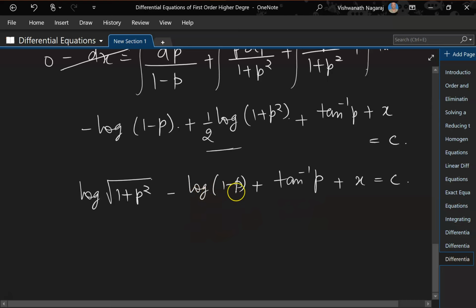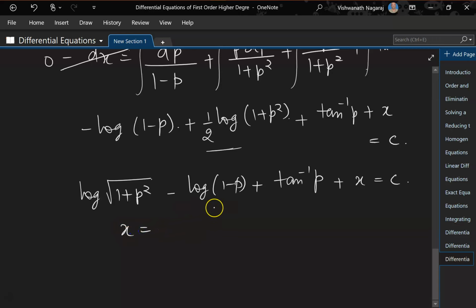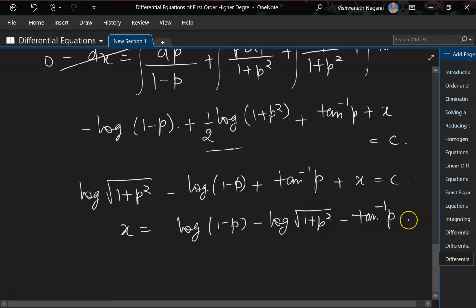We can't really eliminate p. So what we'll do is we'll put it in terms of x itself. So x is equal to, and let's take all these to the other side, log of 1 minus p minus log of square root of 1 plus p square minus tan inverse of p plus c.